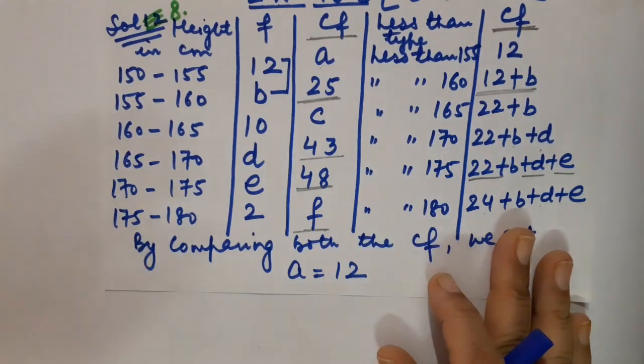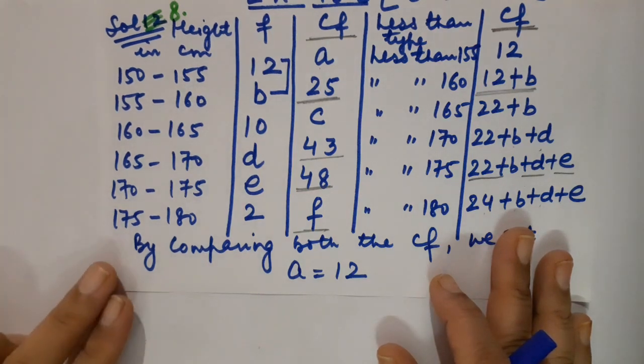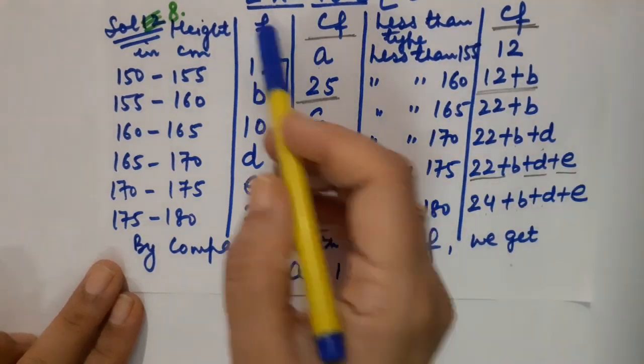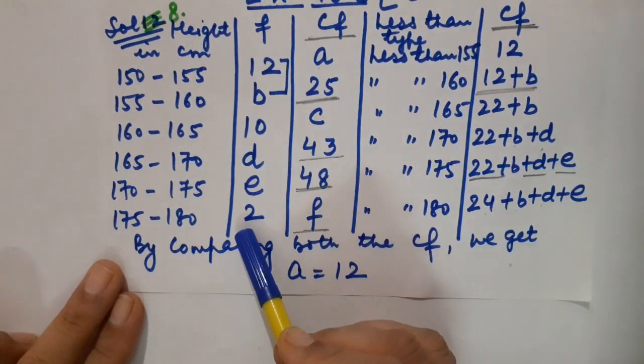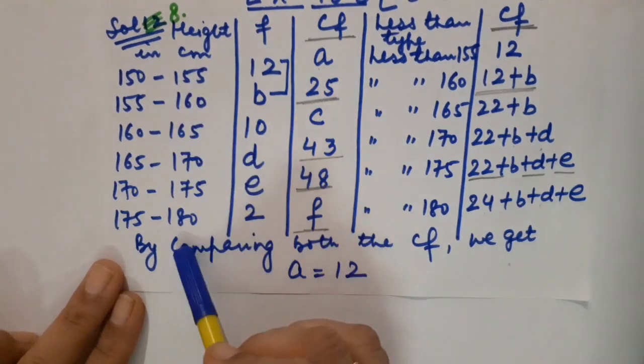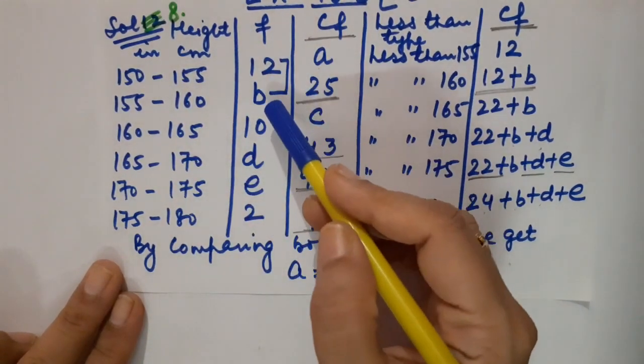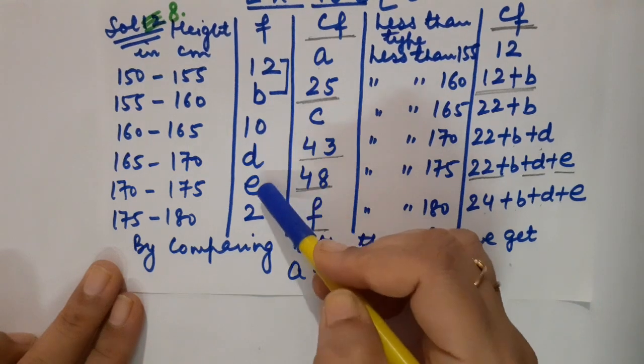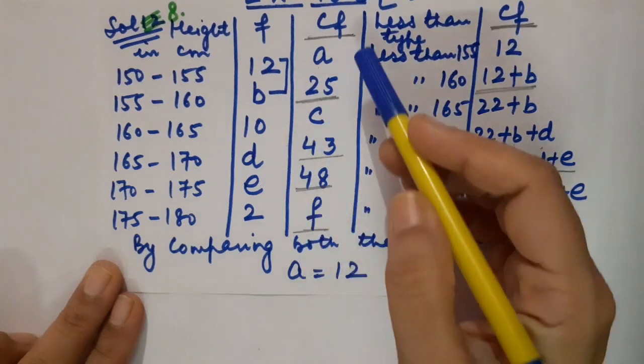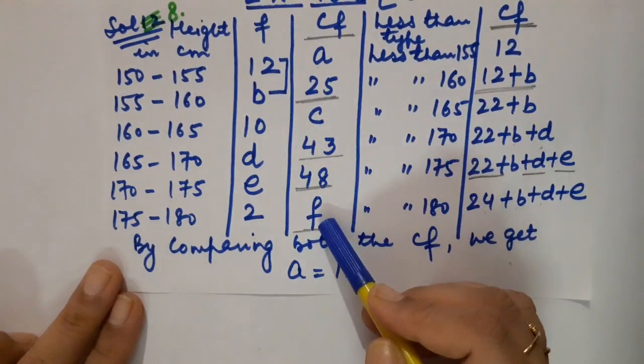Now children, I am going to switch to the last question of the test, in which there are a total of 6 missing frequencies. You can see here, this is the table given. This is regarding the height of the students in centimeters, and these are the missing frequencies B, D, E, and we have cumulative frequency also given.